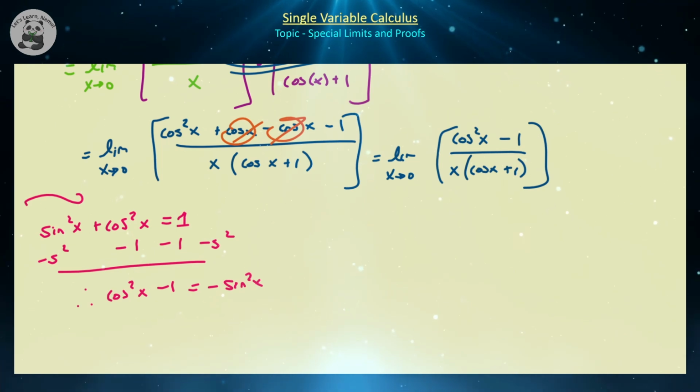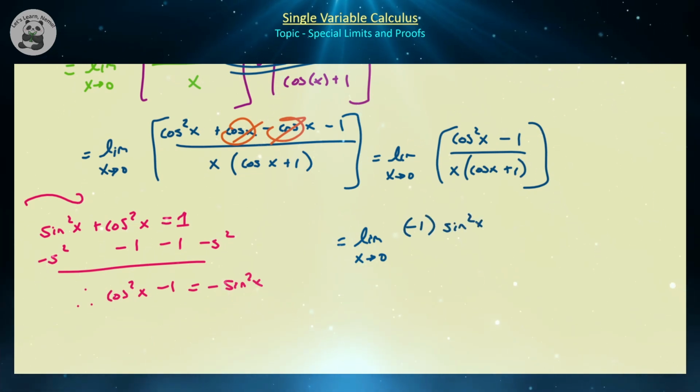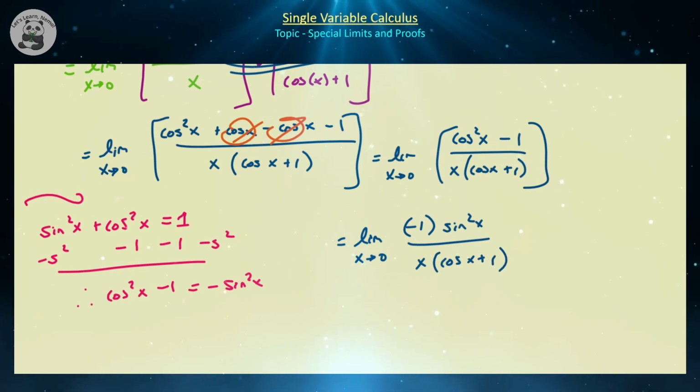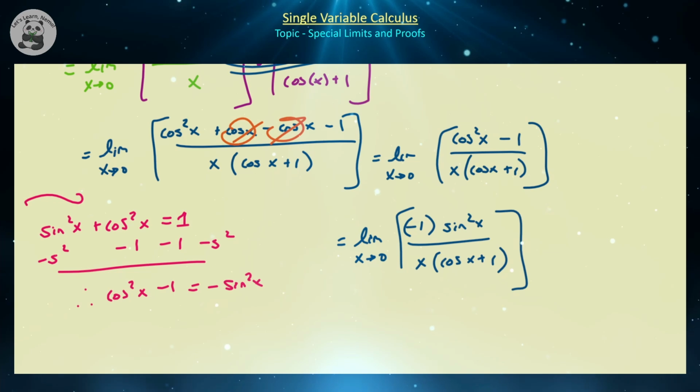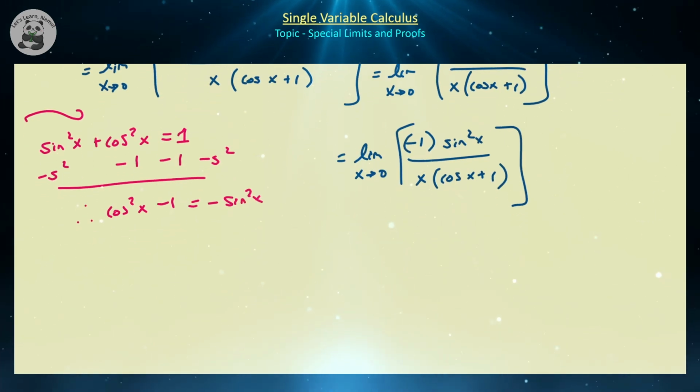So if I use that identity here, that's going to be equal to the limit as x approaches 0 of minus 1 times sine squared x all over x times the cosine of x plus 1 in parentheses. Now I'm going to break this limit up into a bunch of little pieces.